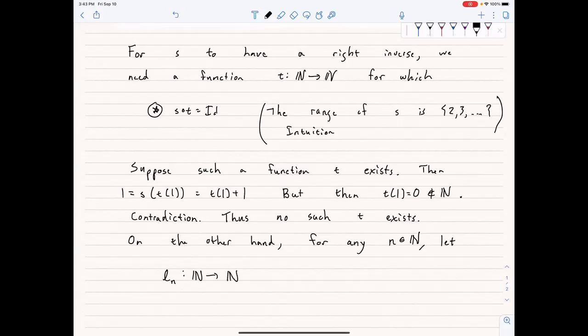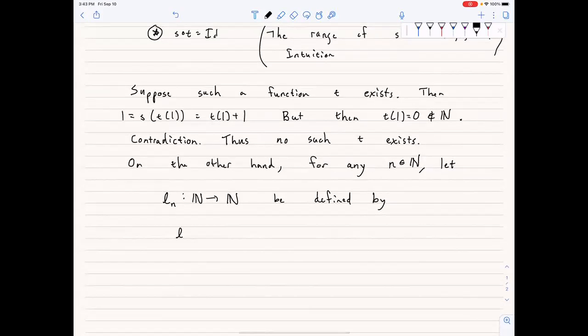We'll define it this way. Be defined by, well, L_n of m is going to equal one of two things. It's equal to m minus 1 if m is greater than 1. And it's going to equal n if m is equal to 1.